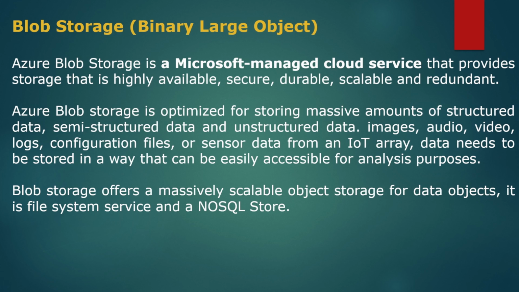It is used to store backup data, to restore data, and if any disaster occurs, to store disaster recovery data and archiving data. These are the different scenarios in which you will use blob storage.